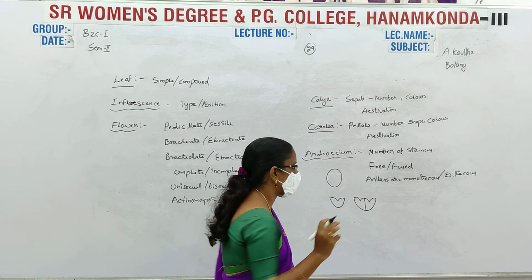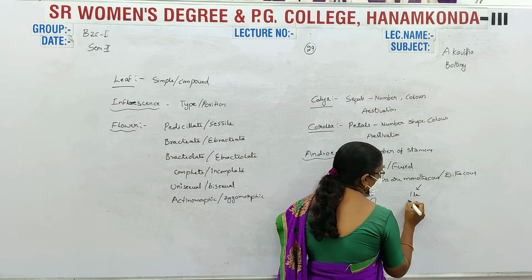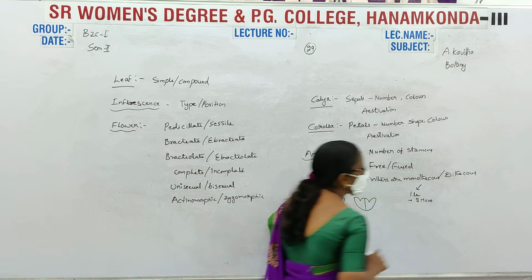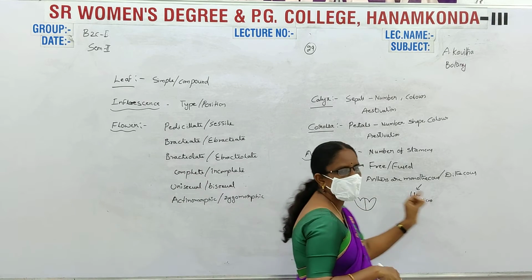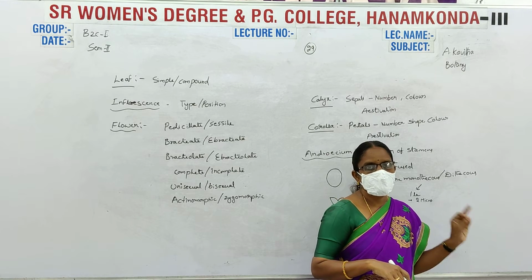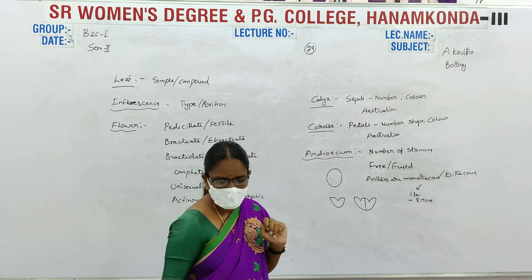Monothecous means only one locule is present, consisting of 2 microsporangia. In dithecous, 2 locules and 4 microsporangia are present. These are the monothecous or dithecous anthers.